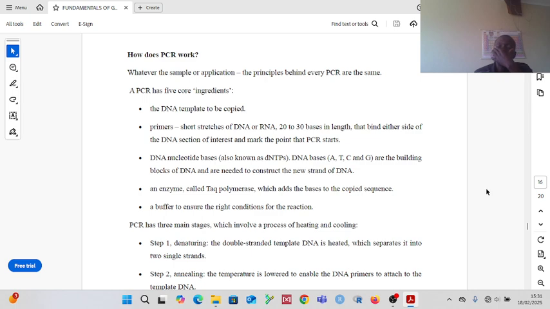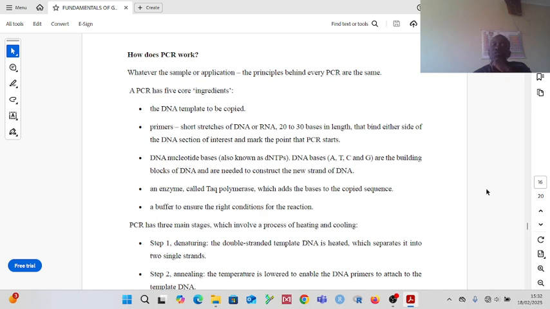The third requirement are the DNA nucleotide bases, what we call the dNTPs. The DNA bases, the A, T, C, G, are the building blocks of the DNA. So these are what you need to construct the new strand of DNA. Then the fourth requirement is the polymerase enzyme.